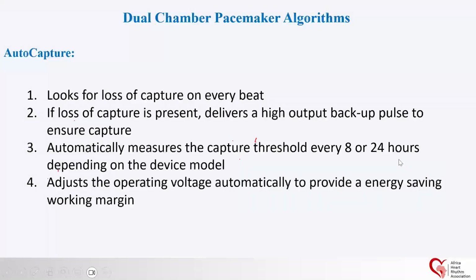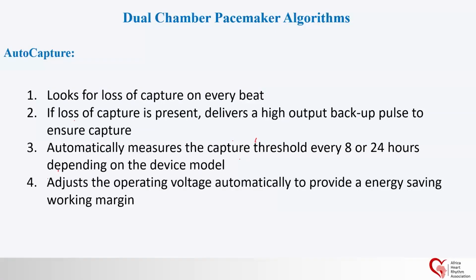So, what we have as advantage of auto capture, the auto capture will control beat by beat the ventricle activity. If there is a loss of capture, it will give a backup of 5 volt to support or to depolarize the myocardium, and then will restart the test.